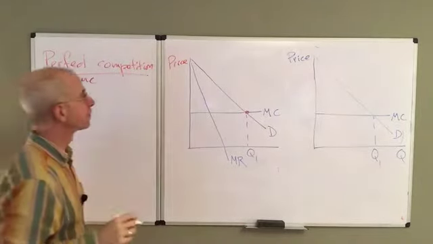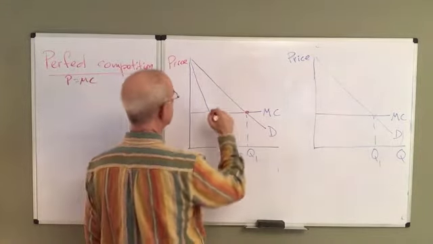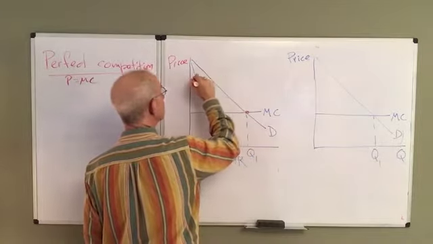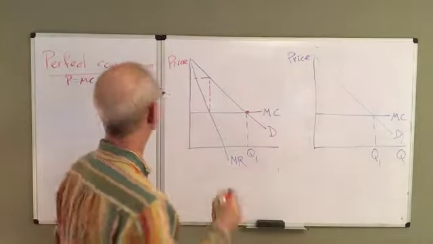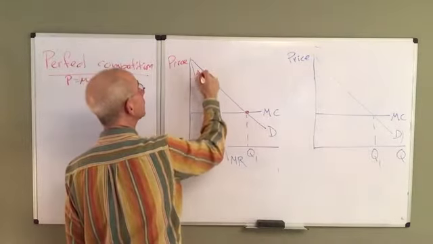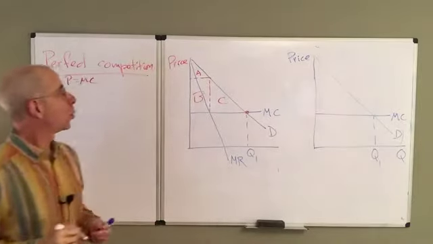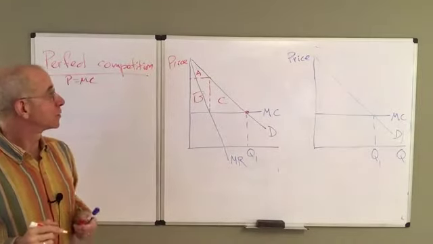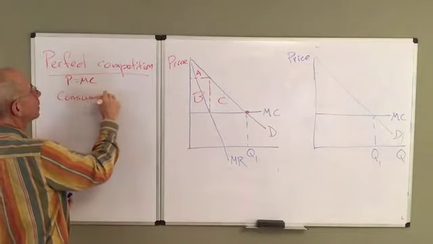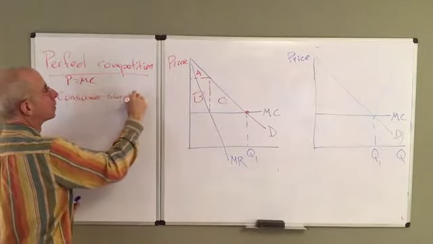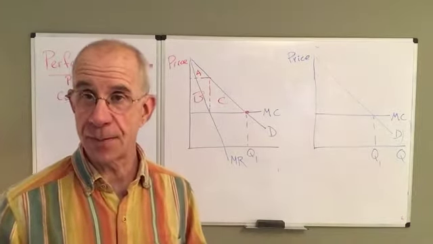okay, then what you would have is that I'm going to break this up into a couple of different areas that will be evident why in just a moment. What you would have is consumer surplus in this instance. Okay, the difference between what consumers were willing to pay and what they had to pay.